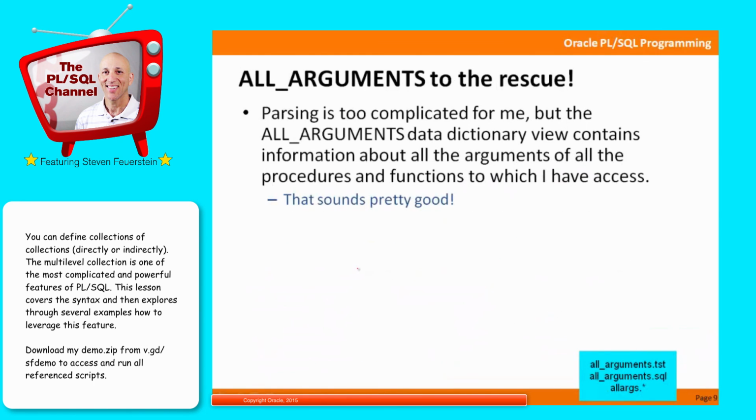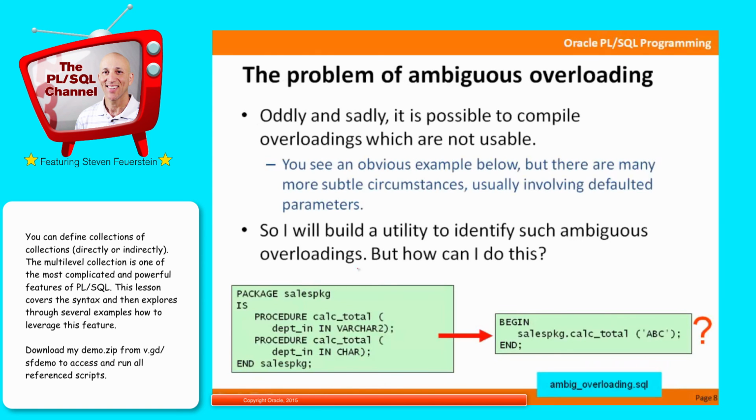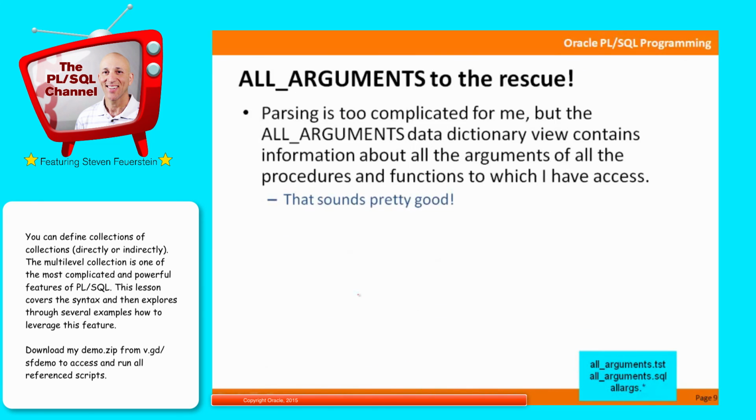Well, one of the things I could do is write a parser of your PL/SQL code, parse this package, get out all the information about those programs and their parameters, and do my analysis. Well, I'm not a trained computer scientist. I'm a self-taught programmer. So building a parser for PL/SQL is way too complicated. And what I did instead was look around inside the Oracle Data Dictionary to see, is there a view that would help me get this information? And it turns out there is.